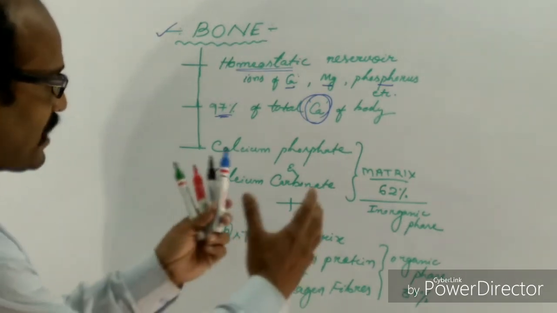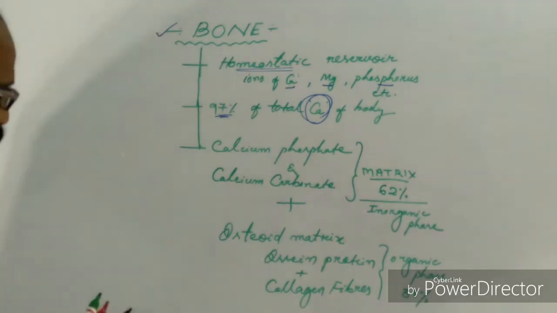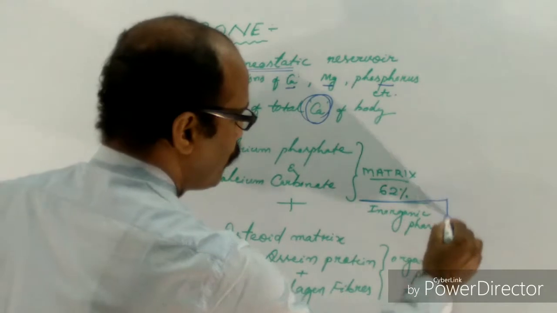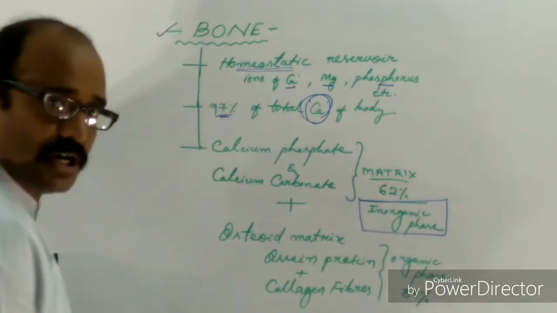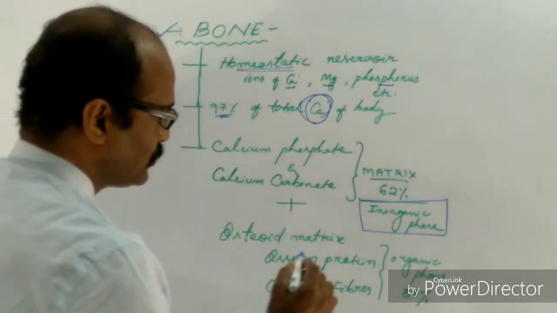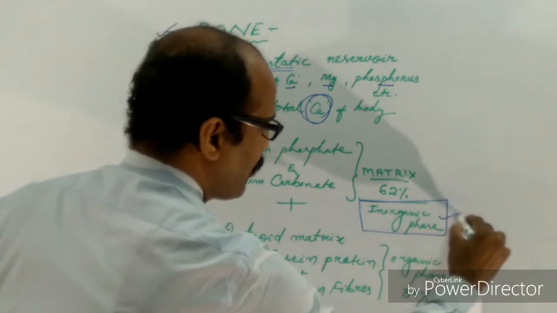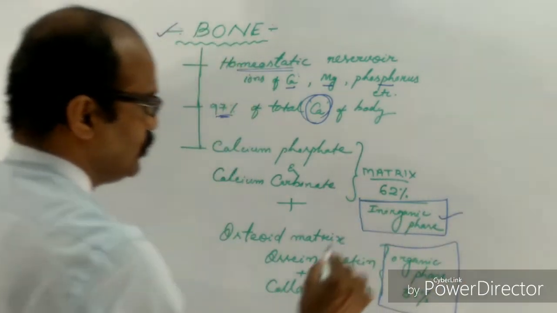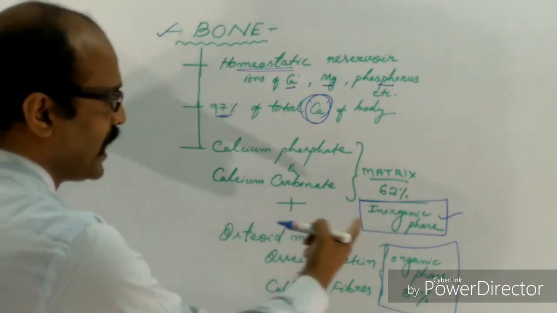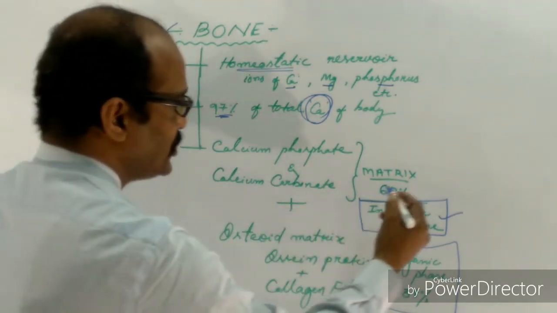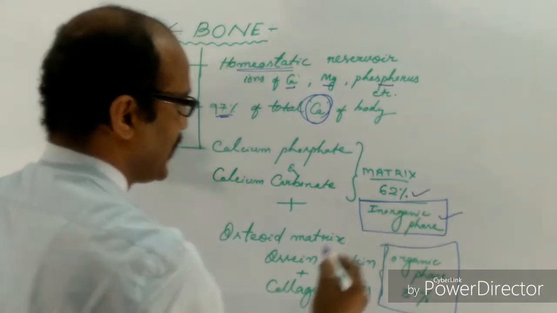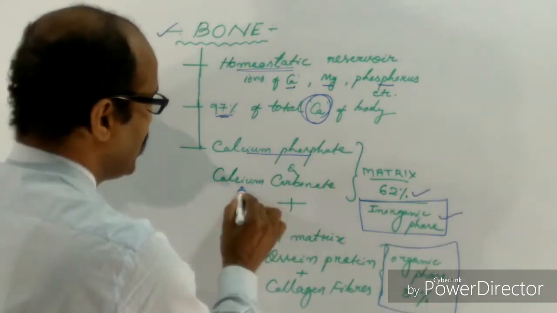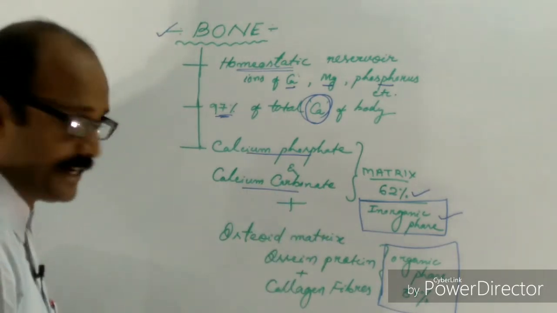The matrix of bone contains two-phase compounds, the inorganic phase and the organic phase. The inorganic phase of the matrix constitutes 62%, and is mainly calcium phosphate and calcium carbonate.